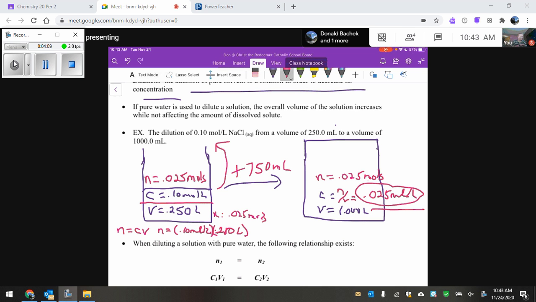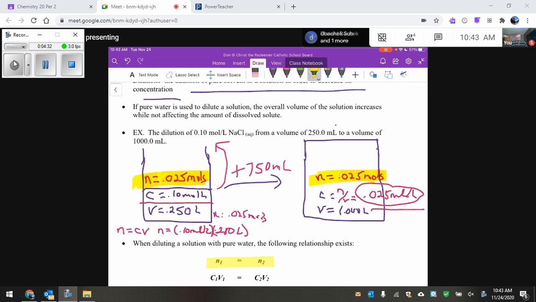Does that make sense? Any questions, anyone? Now, luckily for us, they've come up with a formula. They said, look, this n right here has to be the same as this n here. It doesn't matter if you have it in 250 or 1,000, I add water to it, those n's are the same.